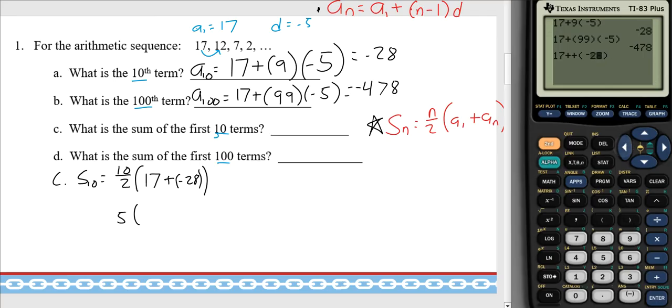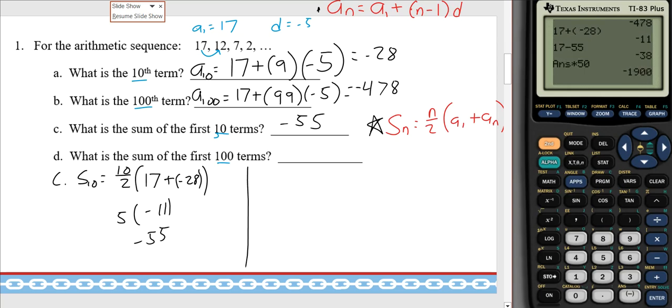You might also recognize that you can just do 17 minus 28. That works as well. You get -11. And then when you multiply that out, you get a sum of -55. So the sum of those first 10 terms is -55.